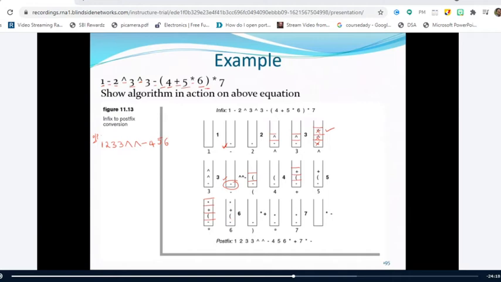So I pop star and place it in the output. Similarly, I pop plus and place it in the output, and I have found the matching open parenthesis at this point. So you remove it. So after performing all these things, I am left with this type of stack pointer. This one. So only minus is left over here.